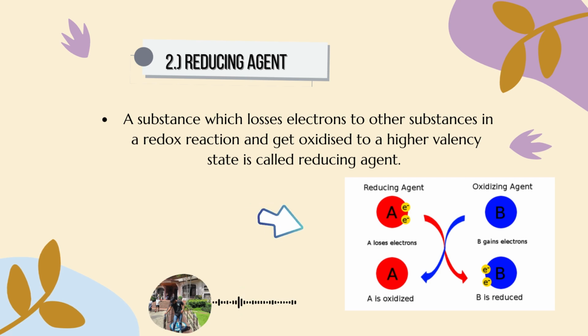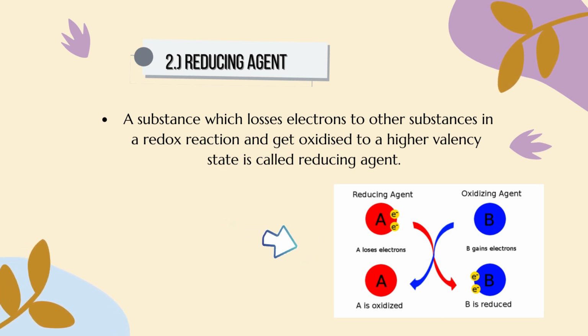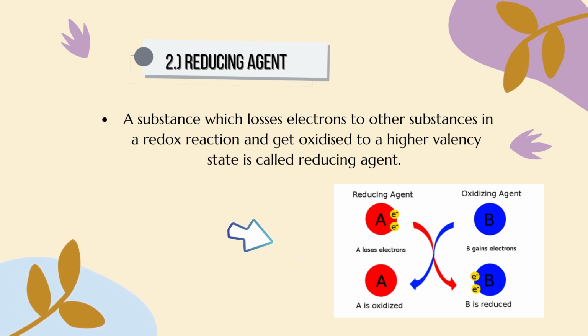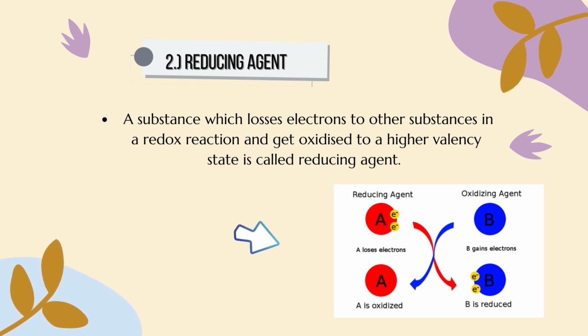If the reducing agent does not pass electrons to another substance in a reaction, then the reducing process cannot occur. Hydrogen acts as a reducing agent because it donates its electron to fluorine, which allows fluorine to be reduced.